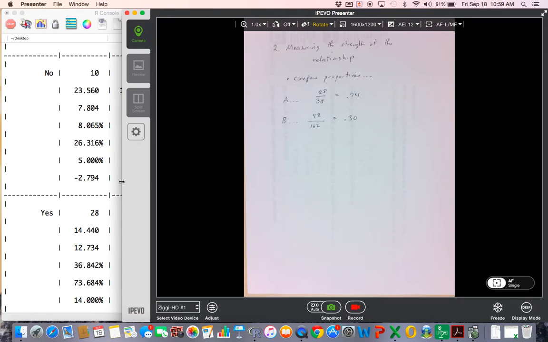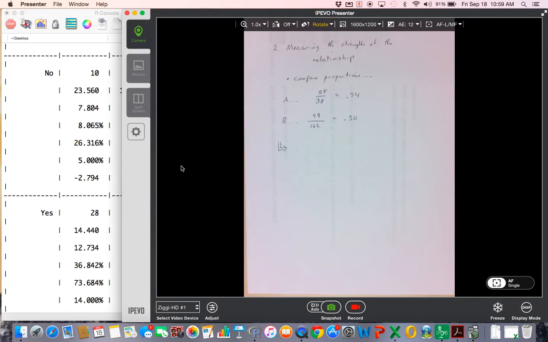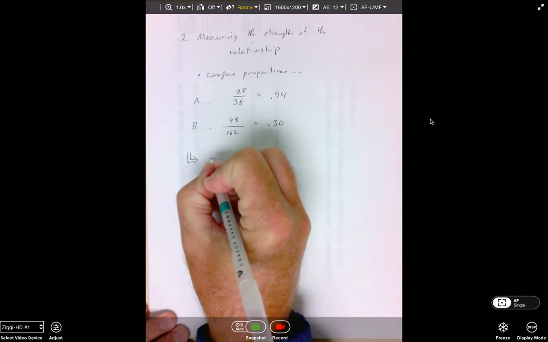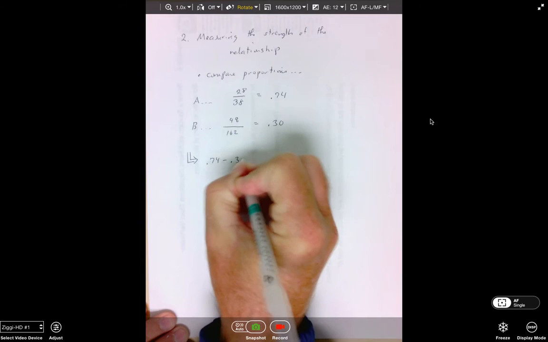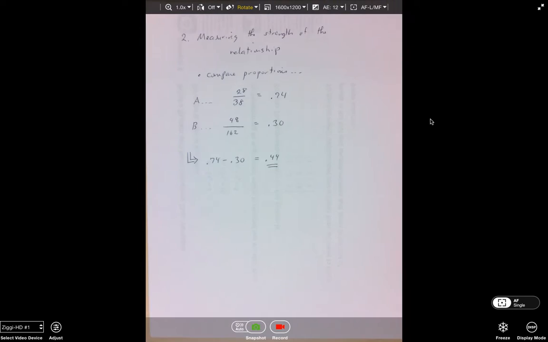So we can compare proportions. And comparing proportions requires you to be able to carry out a very highly sophisticated arithmetic operation called subtraction. Guys, I'm sorry. I know that's very difficult, but we can get through this together. So we get a difference in proportion of 0.44.